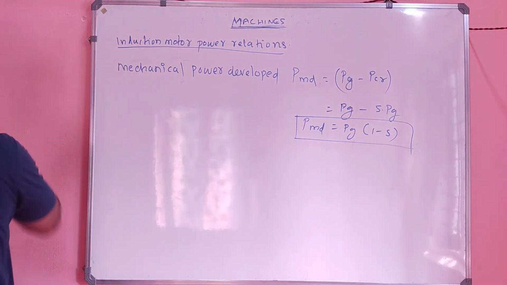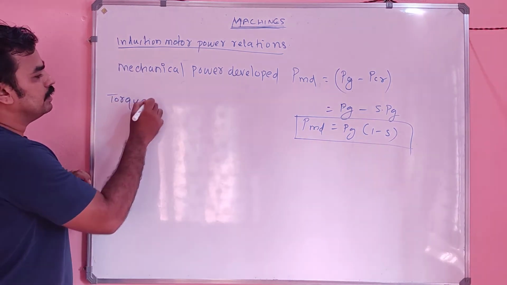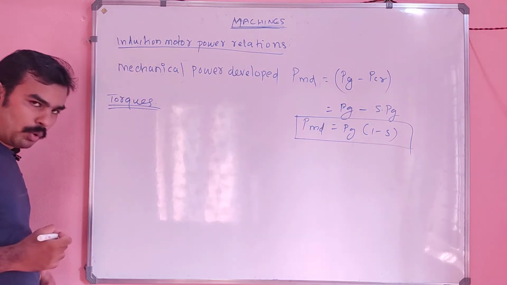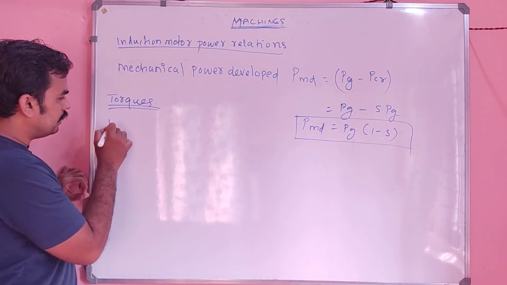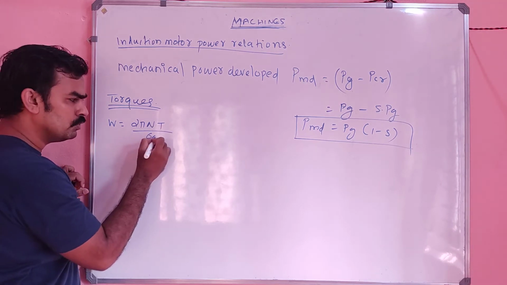Next, torques. Different torques. We have the relation omega equal to 2 pi N by 60. You know this relation, right?